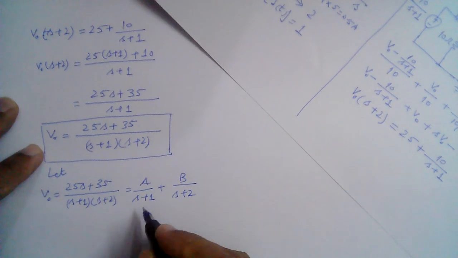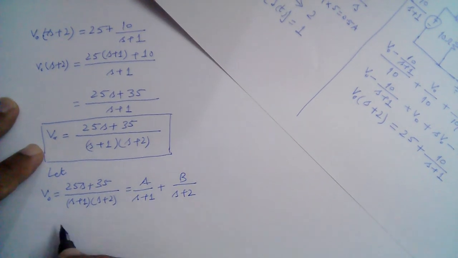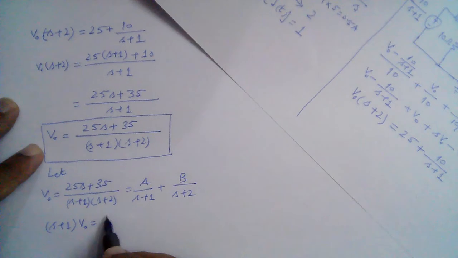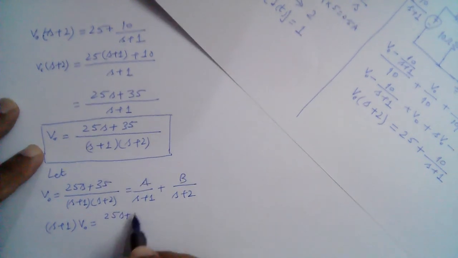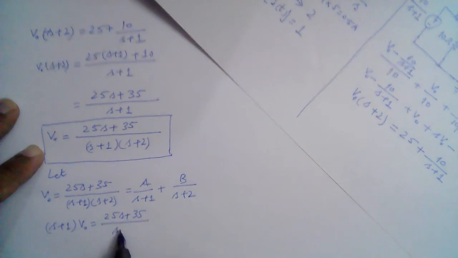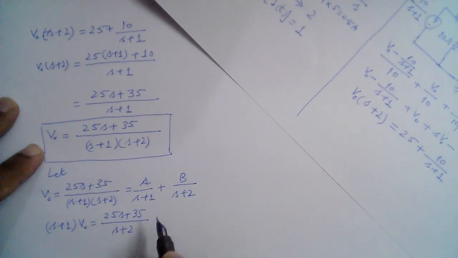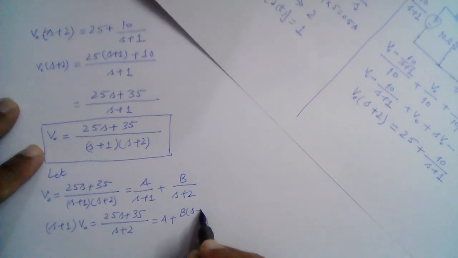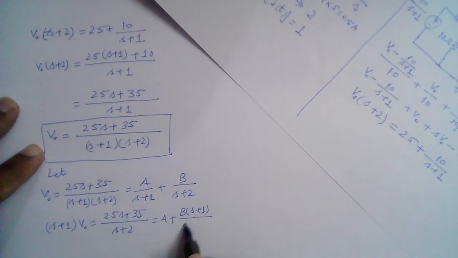So multiplying throughout with S plus 1, S plus 1 into V naught will be equal to (25S plus 35) divided by S plus 2, which is equal to A plus B into (S plus 1) over (S plus 2).